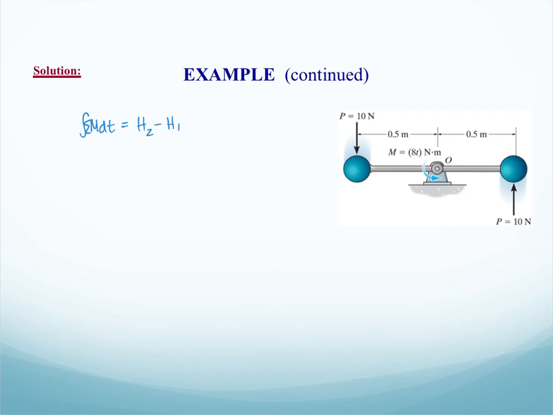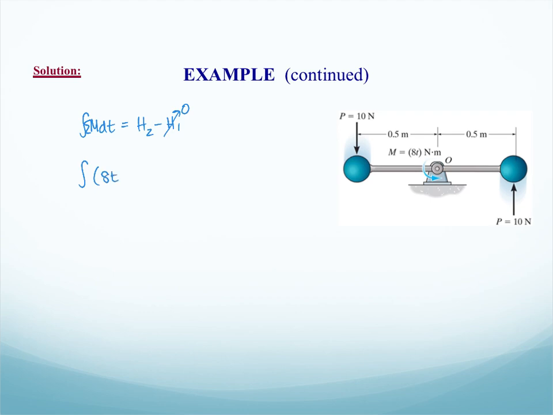The sum of the moments acting on this system integrated over time is equal to the change in the angular momentum, but we're starting from rest, so the initial angular momentum is just 0. Now we have two different moments acting on this system.